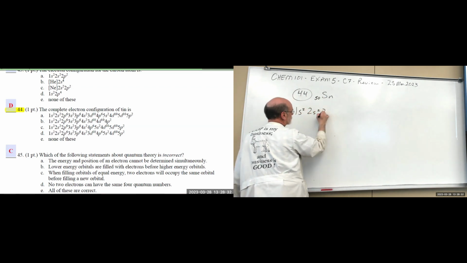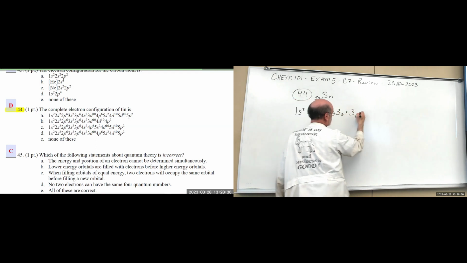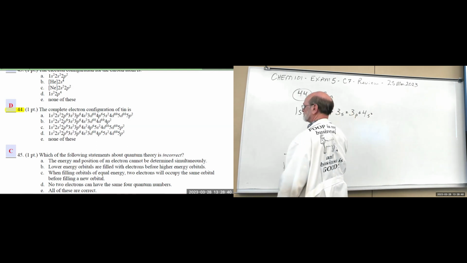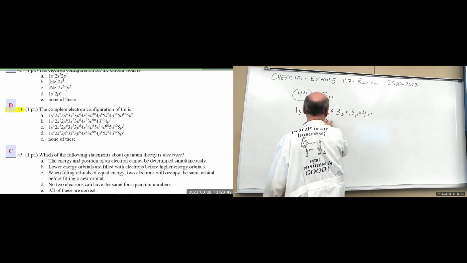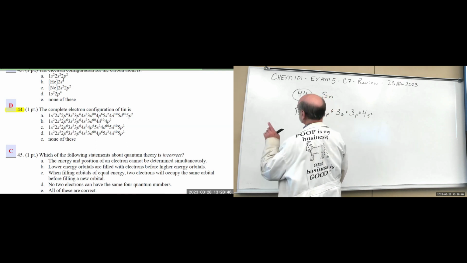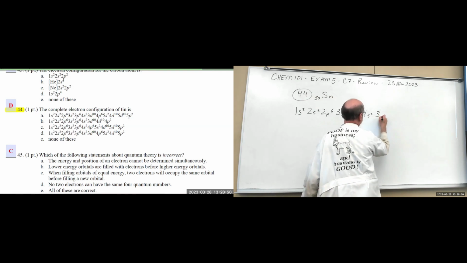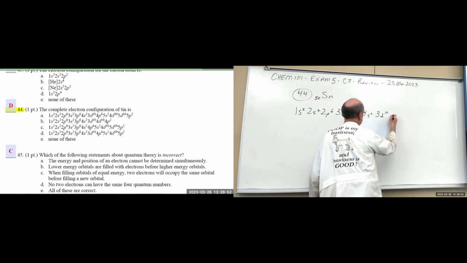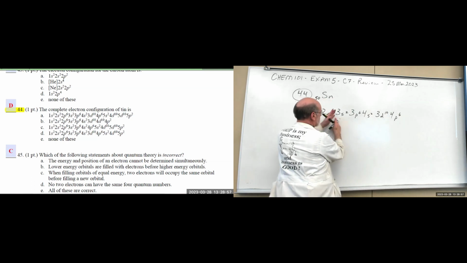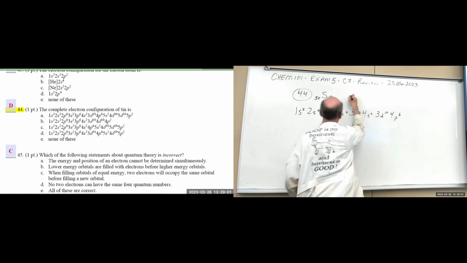1s2, 2s2, 2p6, 3s2, 3p6, 4s2. Oops. Nope. Yeah, 4s2, then 3d10, and then 4p6. Let me see how far I've got. There's 10. There's 10 more. That's 20, 30, 36.